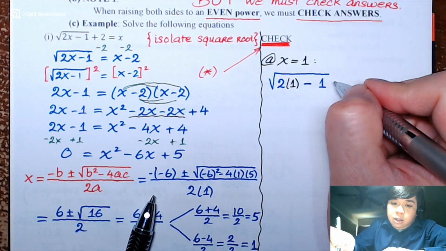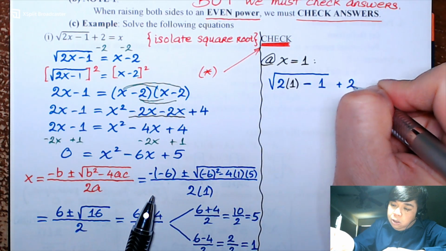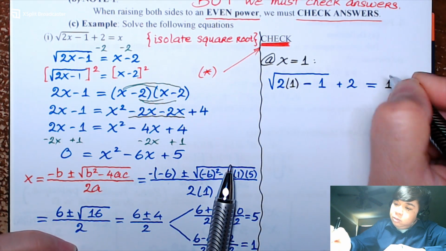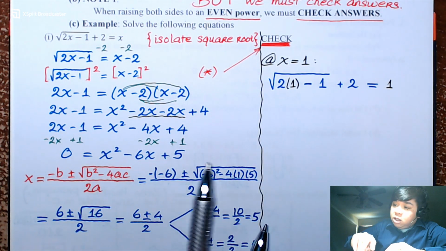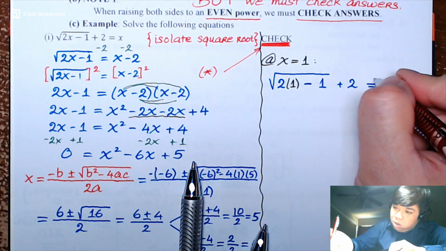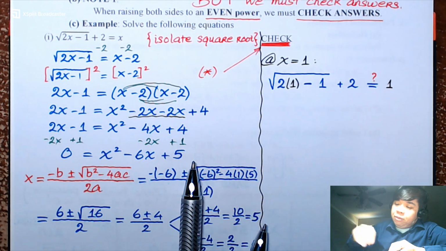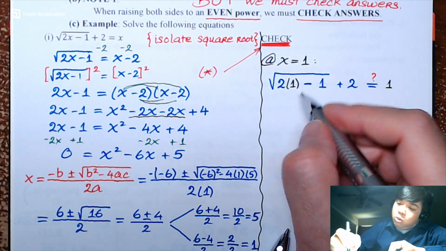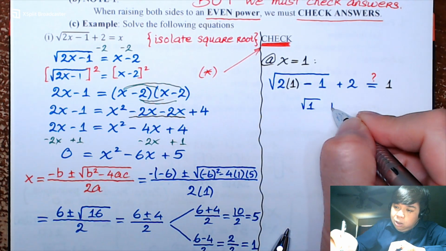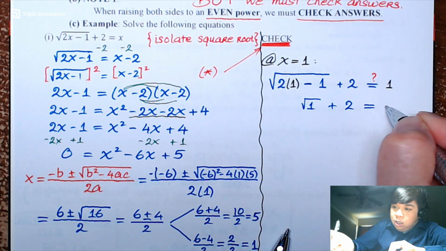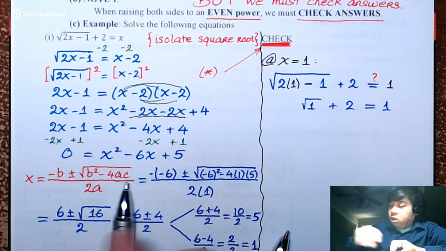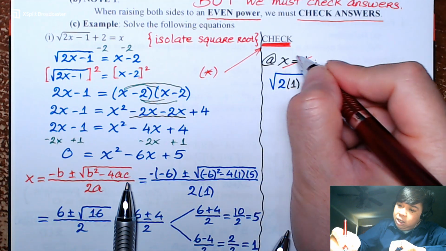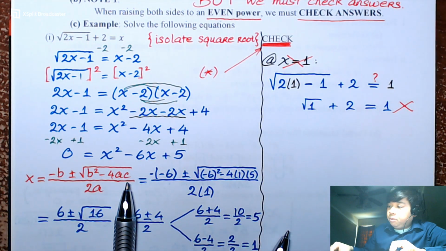Plus 2 equals, again, put 1 in for x. We're not sure if this is equal or not, so put a question mark there. Now this is the square root of 2 minus 1, so the square root of 1, which is 1, plus 2, and that is not equal to 1, so this is not true. So this doesn't work. x equal to 1 is not a solution.